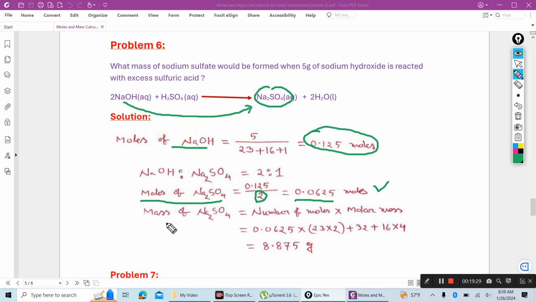Now mass of sodium sulfate, number of mole times molar mass or molecular mass. Number of mole is here 0.0625.